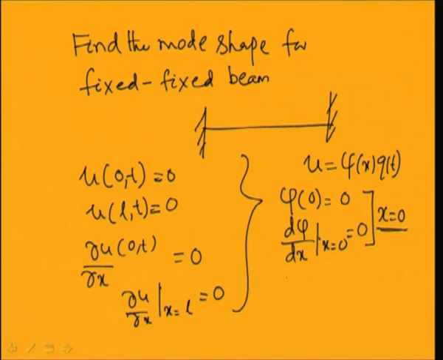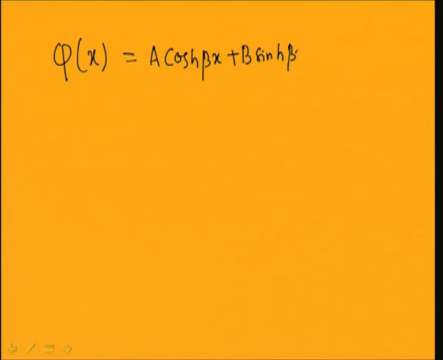Similarly, at the right end psi equal to 0 and d psi by dx equal to 0 at x equal to L. So, the general mode shape expression we already know. That can be written as psi x equal to a cosh beta x plus b sinh beta x plus c cos beta x plus d sin beta x.